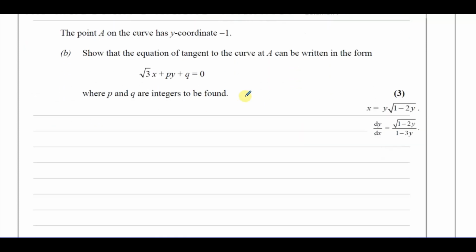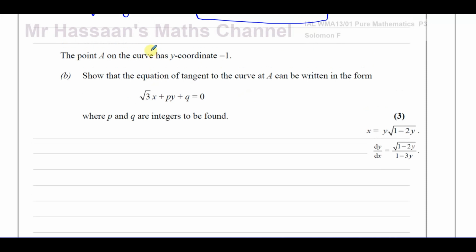And then it says part B: the point A on the curve has y coordinate minus 1. Show that the equation of the tangent to the curve at A can be written in this form. So we have the point A has a y coordinate minus 1 and the x coordinate we have to find, of course. And we need to know the gradient of the tangent of the curve at the point A. So we need to use these equations.